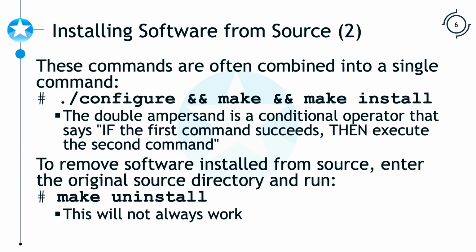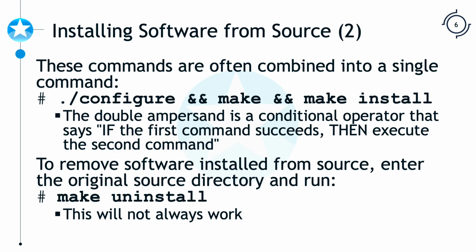Instead of running these a single command at a time, we can combine all these. Now you'll notice off to the left, instead of the $, we now have the hash. This means we have root access. And the reason that's important is because it's going to make the last command, that make install, run a little bit more smoothly.